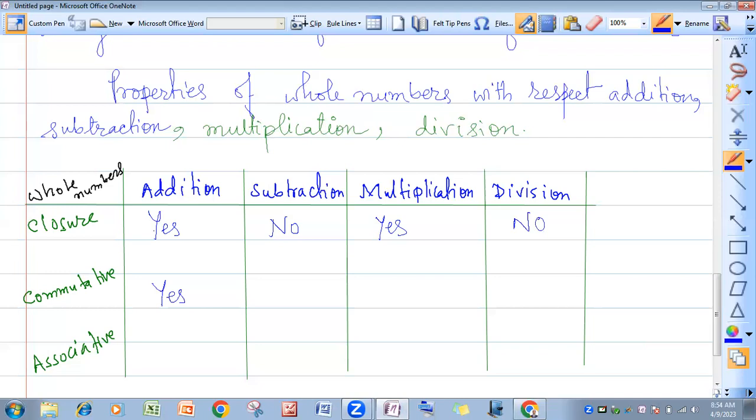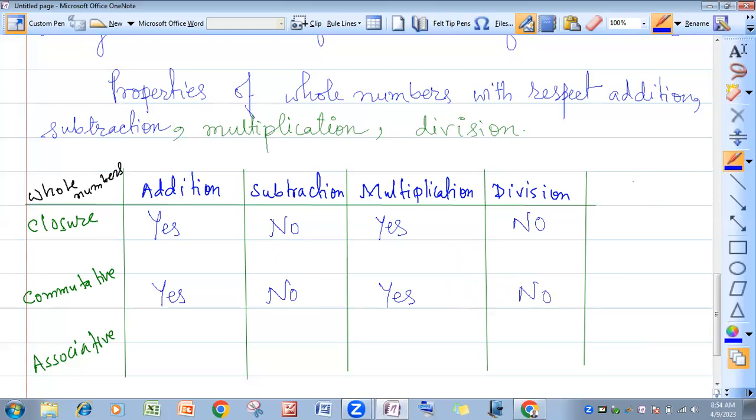But commutative will not be applicable for subtraction in case of whole numbers. In case of multiplication, commutative holds. So this is yes, and for division, it will be no.